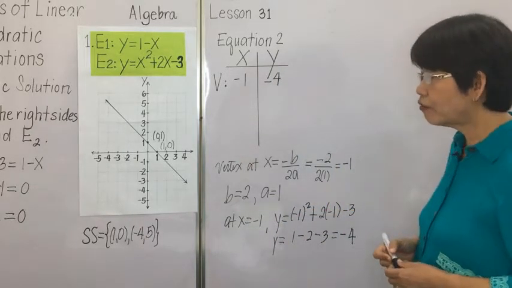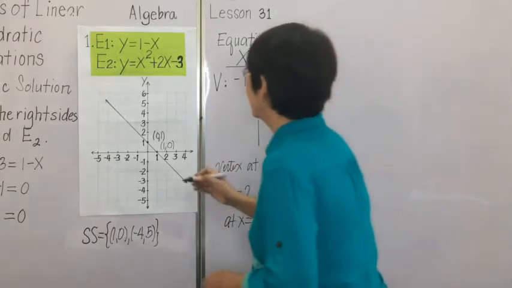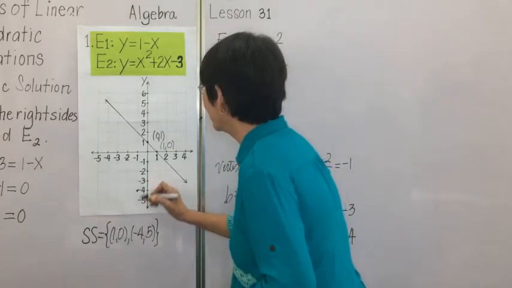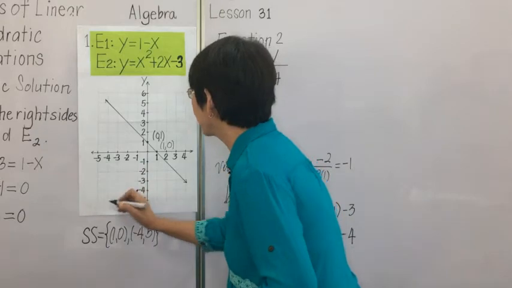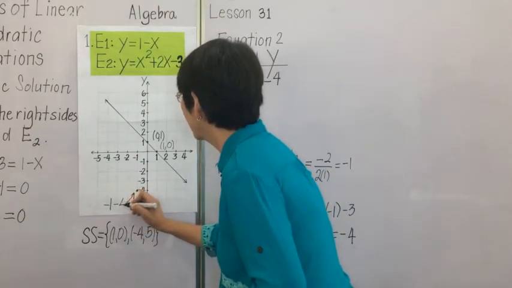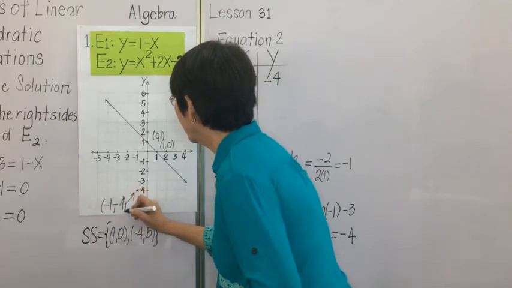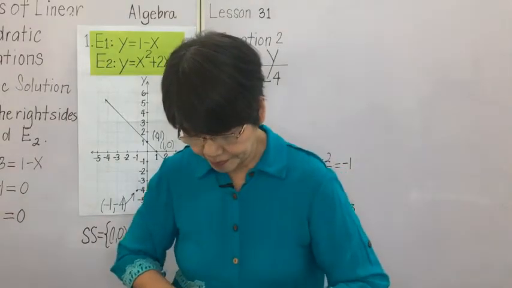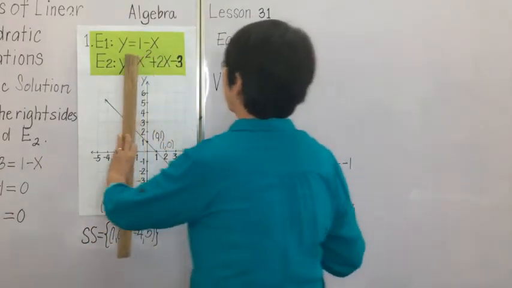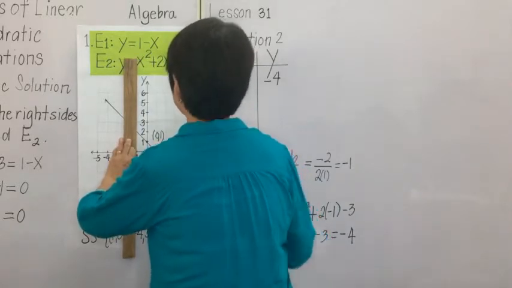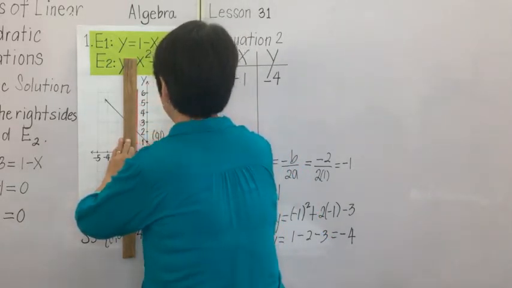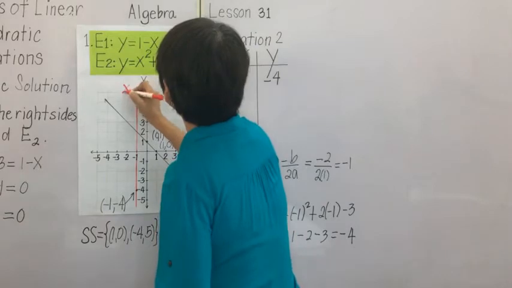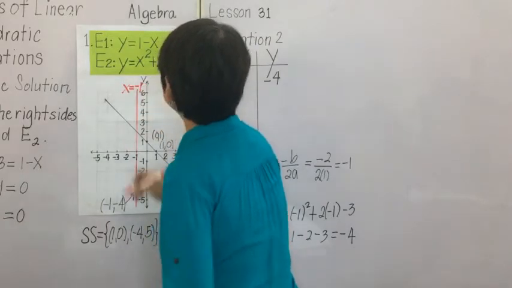So we will locate our vertex, and we have negative 1 and negative 4. Here is the vertex. And we will draw our line of symmetry at x is equal to negative 1.